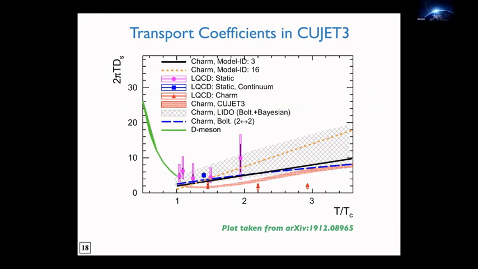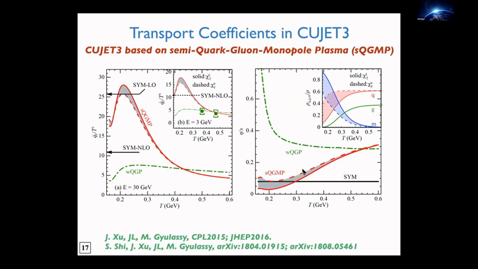Correct. No, that's right. So both the eta over s and the diffusion are calculated with pushing that Q hat or jet energy down to 3 GeV, which is getting close to the medium particle thermal energy. So that's okay. Because I took it literally, it's still a perturbative approach, and as I said, you cannot really push it.